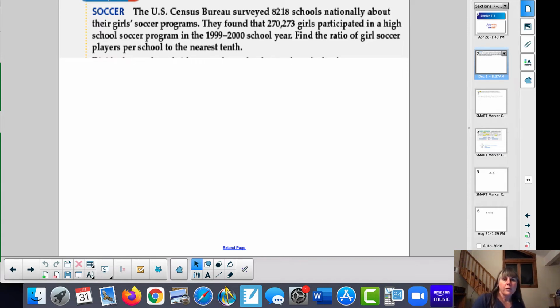So ratios, like this particular problem here, where it asks you to find the ratio of girls soccer players per school. What you need to see is that you have girls soccer players first per school. So what that tells you is that the number of soccer players goes on top, and that's this number right here.